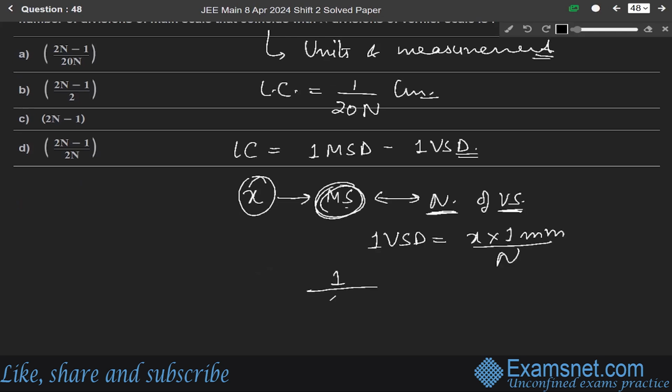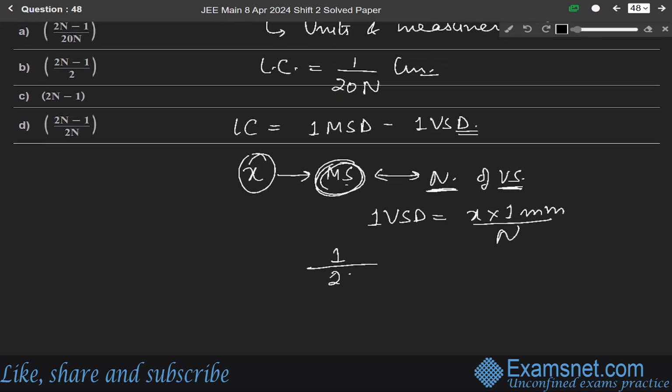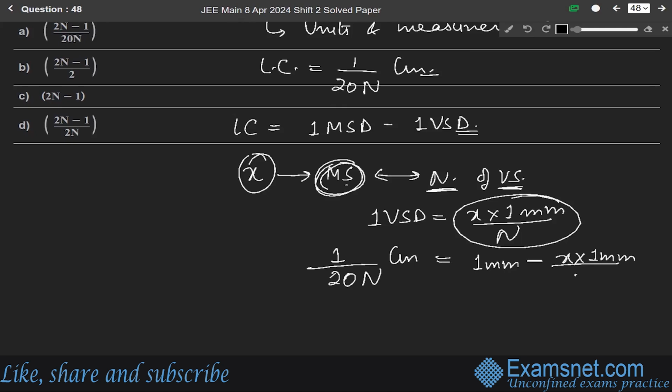So 1 over 20n centimeter will be equal to 1 mm minus this x into 1 mm over n.